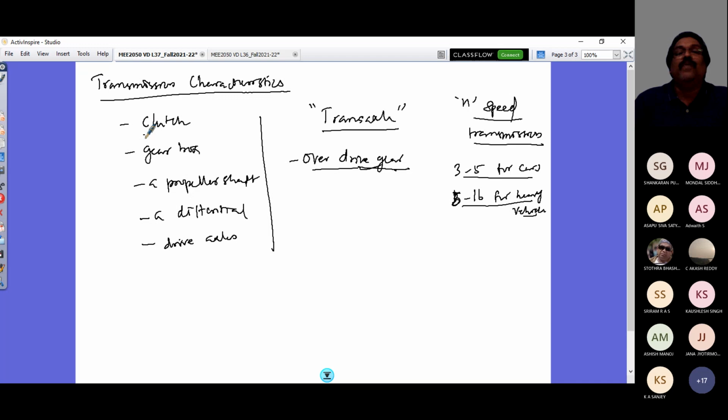And you know what is the main function of a clutch? Clutch has to get engaged with an engine. Then only the power from the engine can be transmitted through the transmission system. You will disengage the clutch, and that would ensure that the engine will not stall, and it would be rotating. It won't be stopped when you have to wait at a signal.